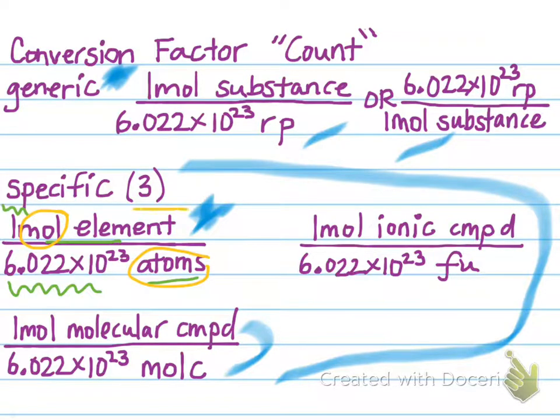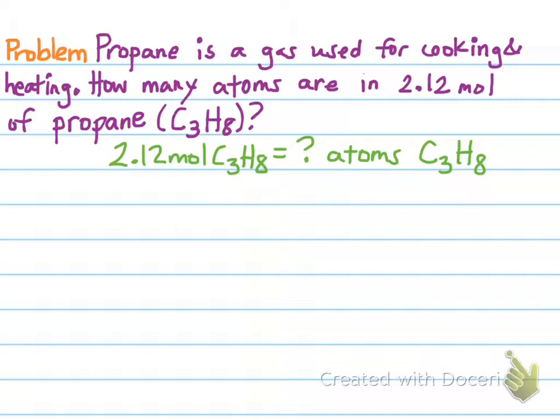But the problem is, notice my substance is an element. Carbon dioxide or propane's not an element, so I can't use that tool. I can only use that tool if I'm dealing with an element, and this is not it. Because propane's a molecular compound, so this is the tool I have to use. So that means this is going to require multiple steps. So again, I'm going to start with my given.